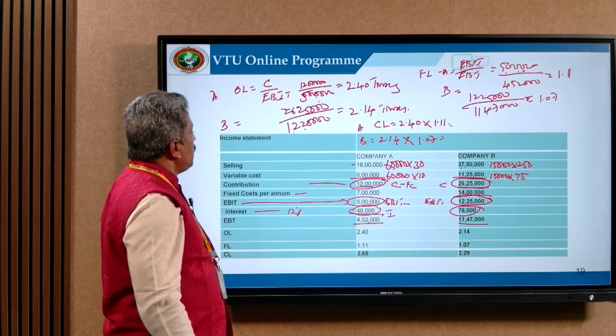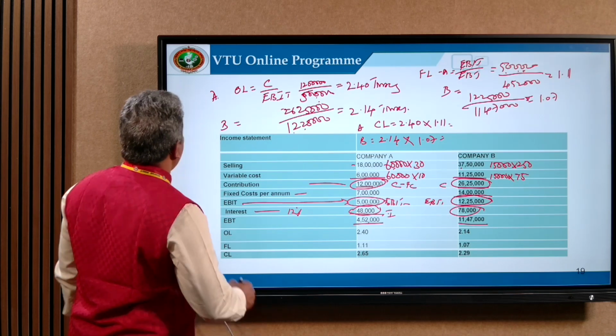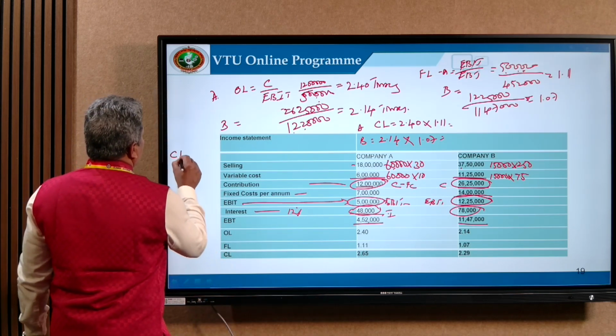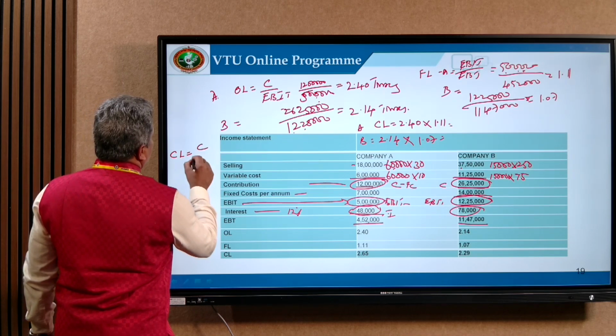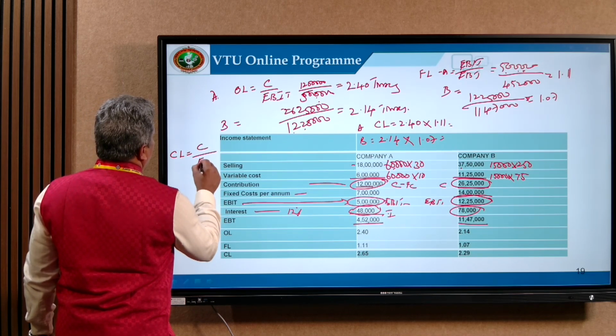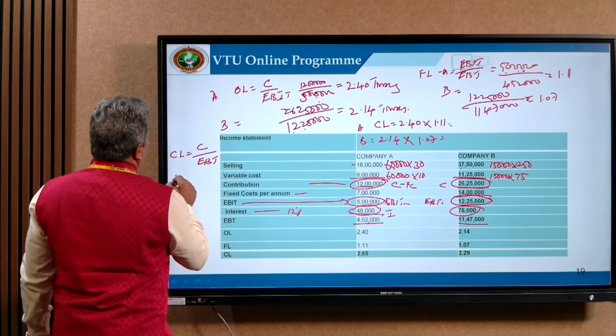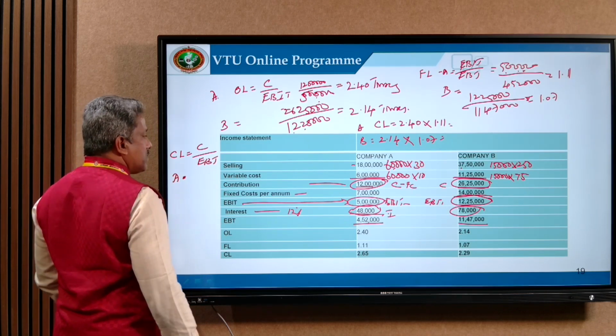Or we can calculate combined leverage as contribution divided by EBT. Combined leverage formula is equal to contribution divided by EBT. So, if you calculate in this way, you will get the same answer.